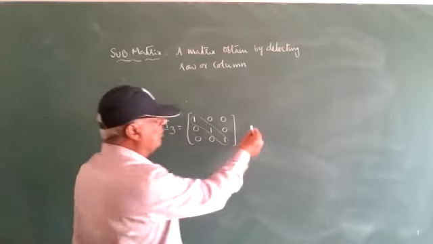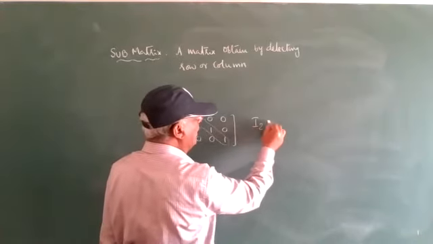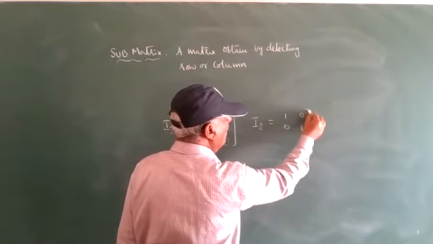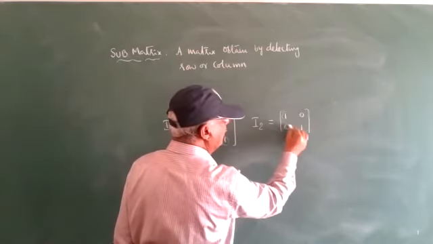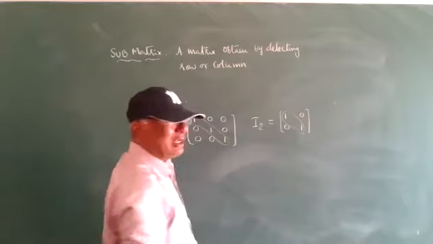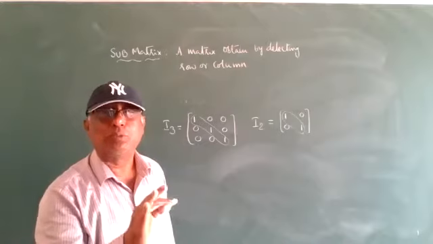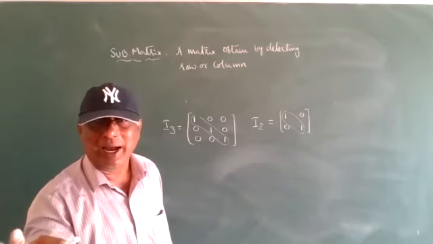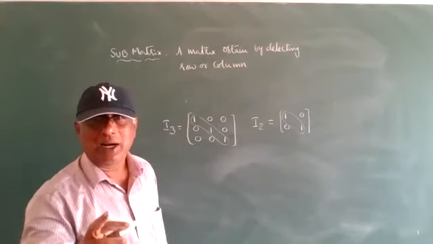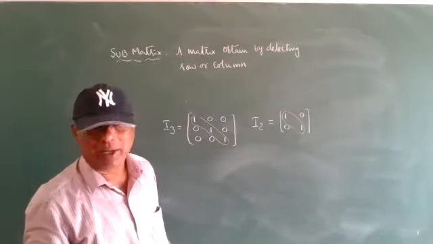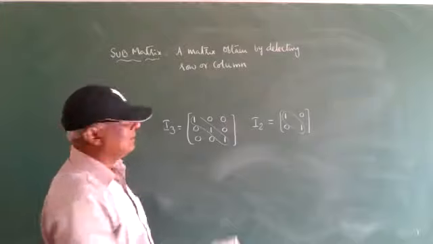Similarly, for 2 by 2 we take I2, with 2 rows and 2 columns. The trace is 1 plus 1, which is 2. Therefore, order and trace are both equal in the identity matrix. Catch this point, everyone.